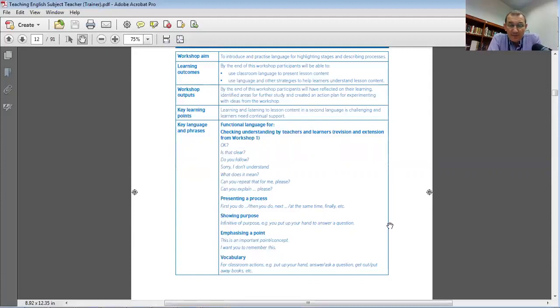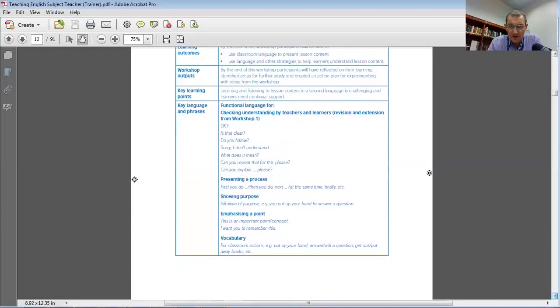Emphasizing a point. So the teacher at various stages of their lesson might want the students to remember something, to draw attention to something, so needs to say, this is an important point. I want you to remember this. And then vocabulary.